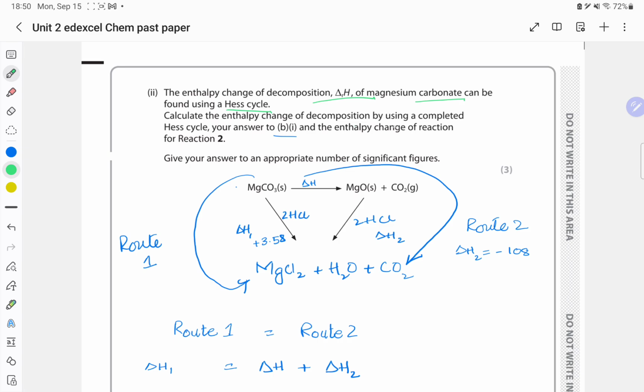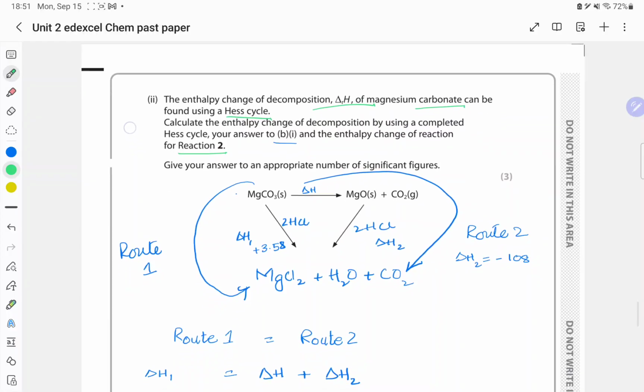Calculate the enthalpy change of decomposition by using a completed Hess cycle, your answer to B1 and the enthalpy change of reaction for reaction 2. So basically they're asking about the enthalpy change of reaction for reaction 2. It has already been given to you, and you're going to place it here for reaction 2.